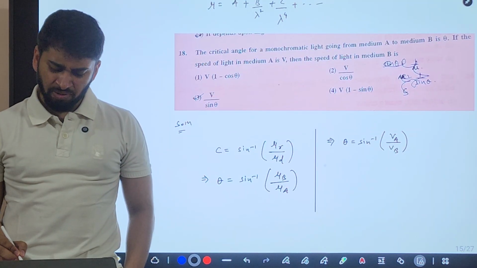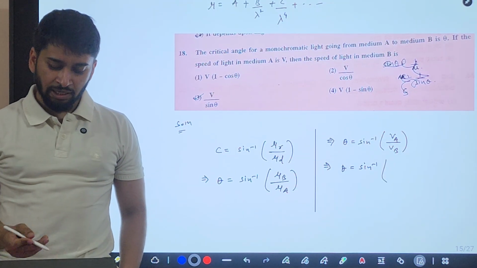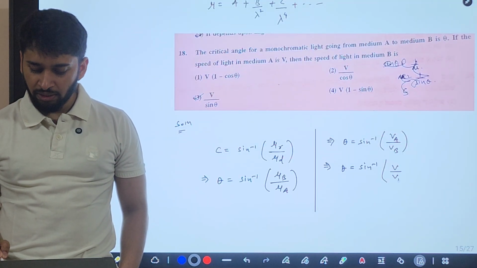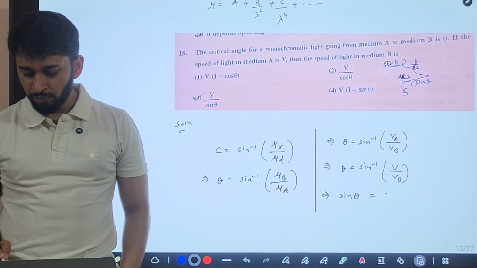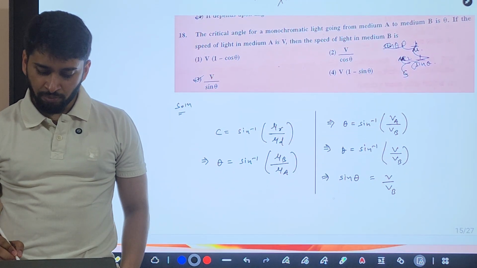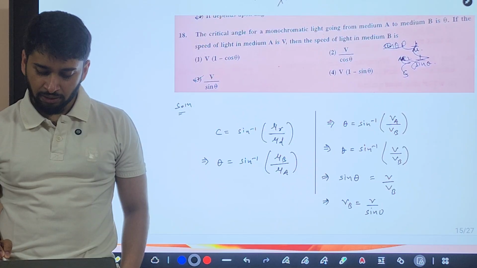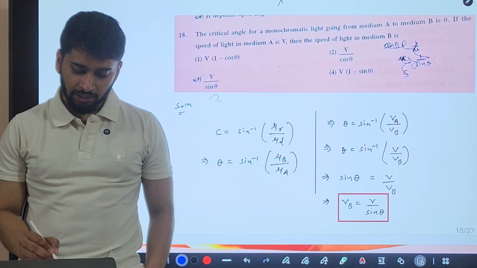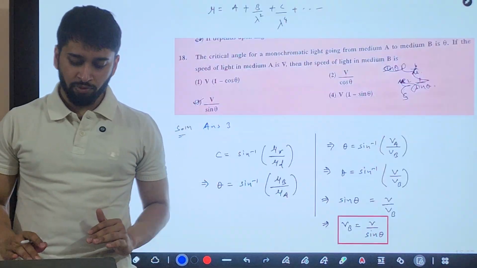So sine theta is v by vb, and vb becomes v by sine theta. So this is absolutely correct. Answer here will be option 3. Okay, great. Moving ahead quickly.